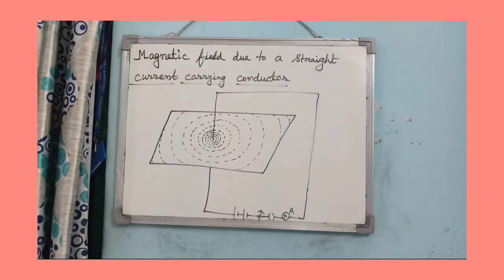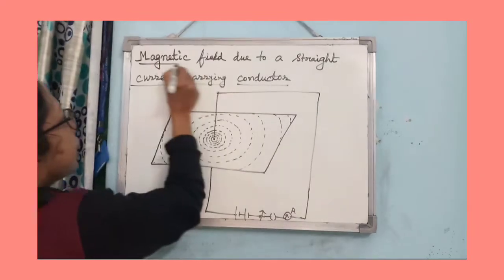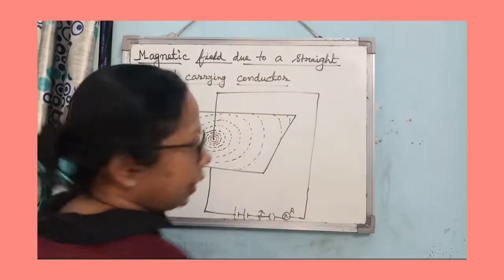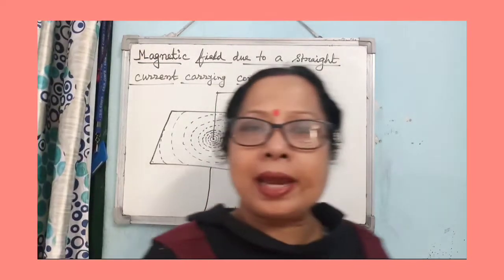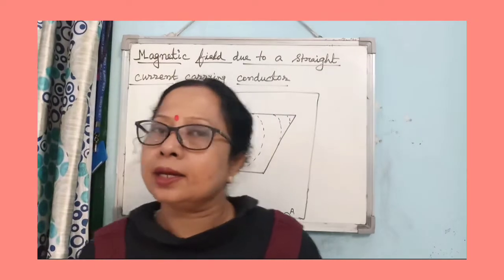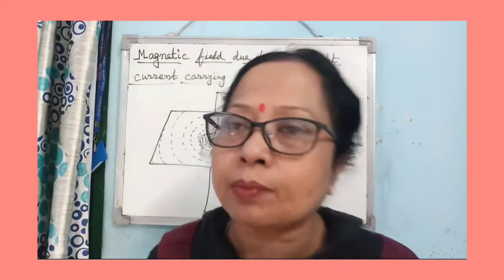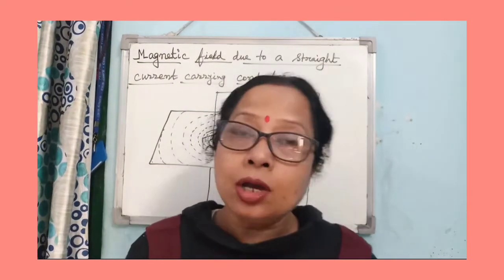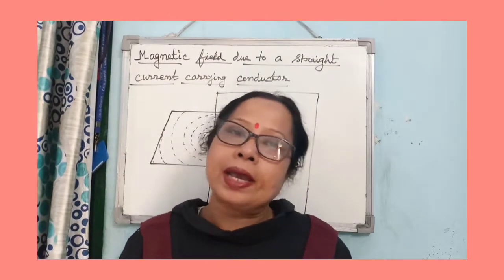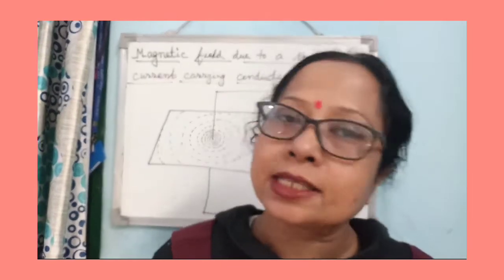Now the next topic is the magnetic field due to a straight current carrying conductor. What will be the nature of the magnetic field produced by a current carrying conductor? As we have not studied the Biot-Savart law or Laplace's law, we will find out by doing one experiment.